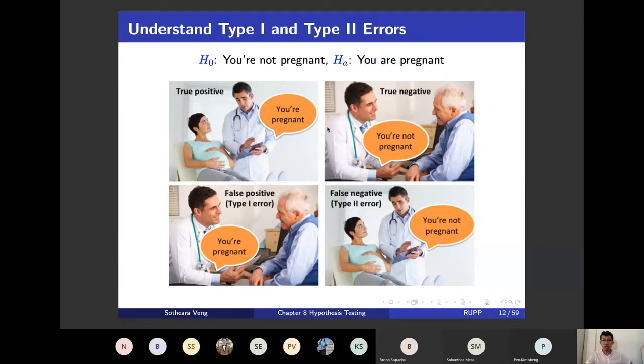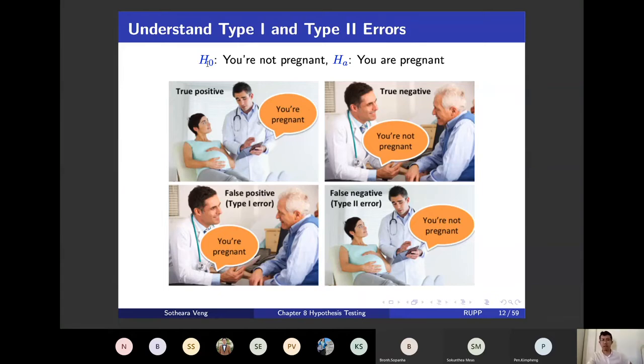So as you can see, we have two kinds of error. The type 1 error is that you reject the null hypothesis while it is true. It means that in reality, H0 is true, but based on your collected data, you conclude that H0 is not true, or you reject it.